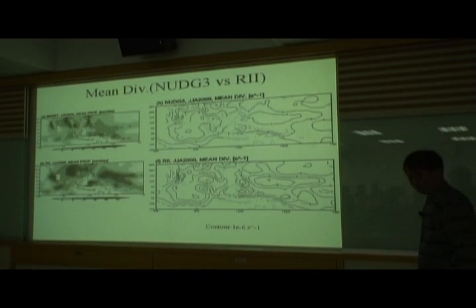Have you ever compared the vertical profile of the divergence field after the data assimilation procedure? Did the procedure modify the vertical profile? I didn't explicitly check the vertical profile of divergence, but I looked at each level of the divergence field.